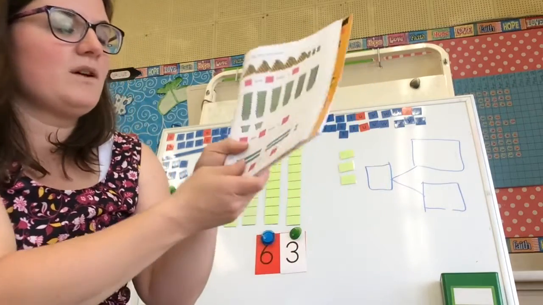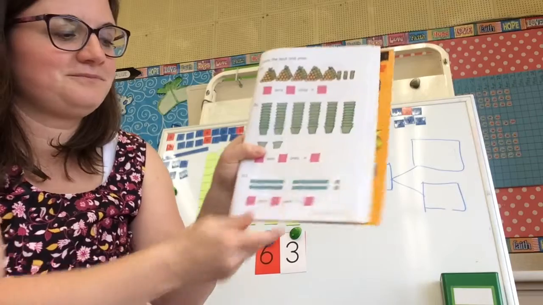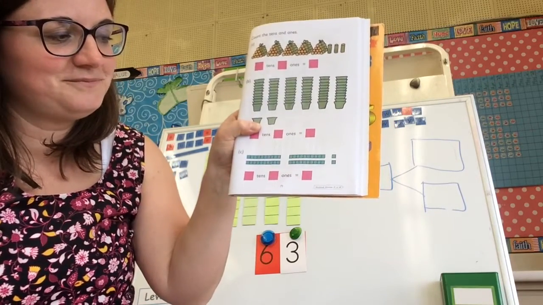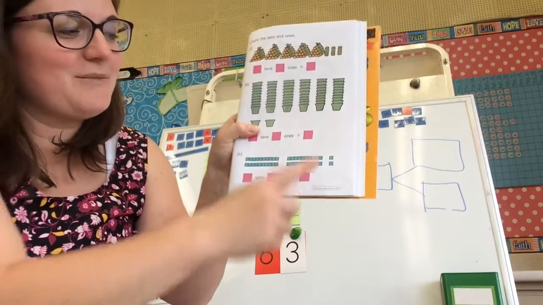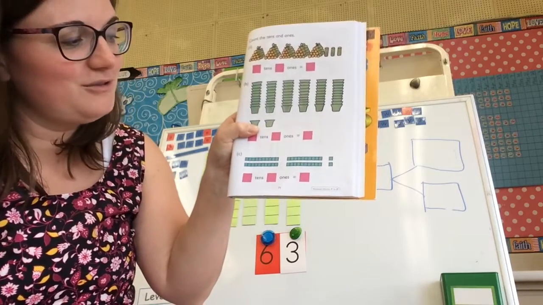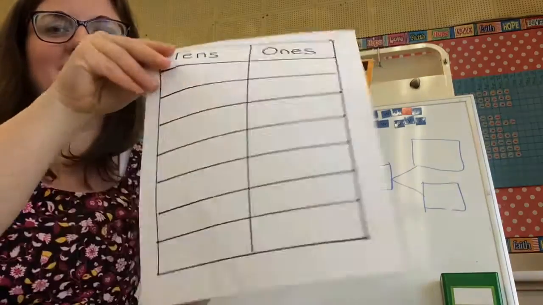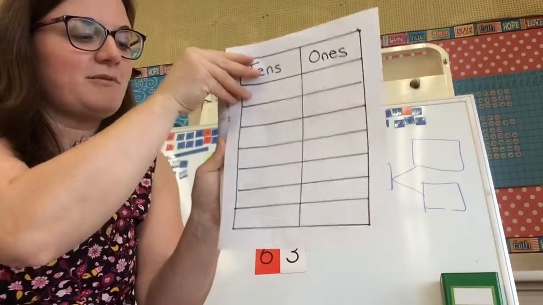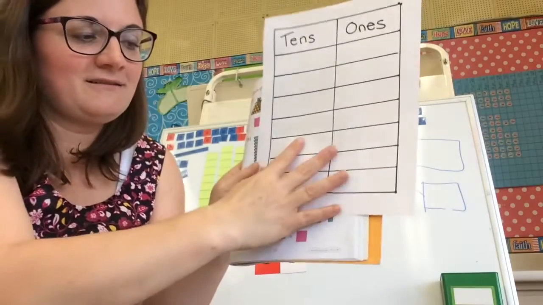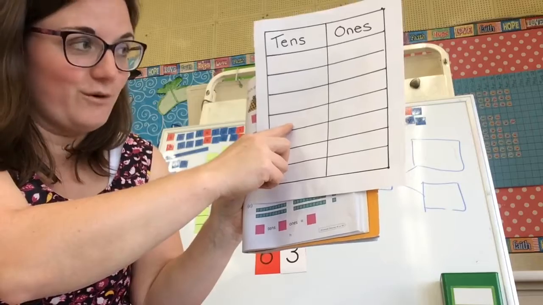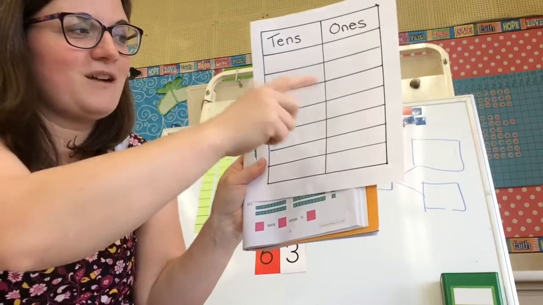Awesome. And we've got one more down here. How many 10s are there? 4. And how many ones? 2. So our number is 42. And can you fill that out in your 10s and your ones? So write down how many 10s there are and how many ones. So 4 10s. How many ones?